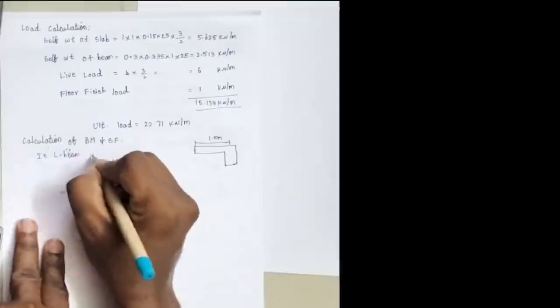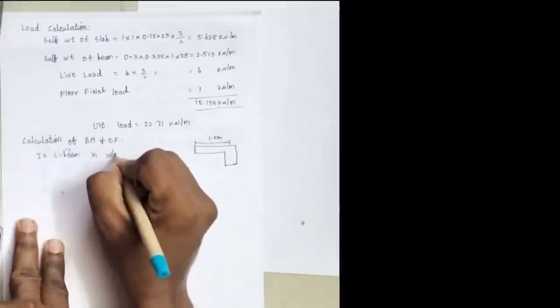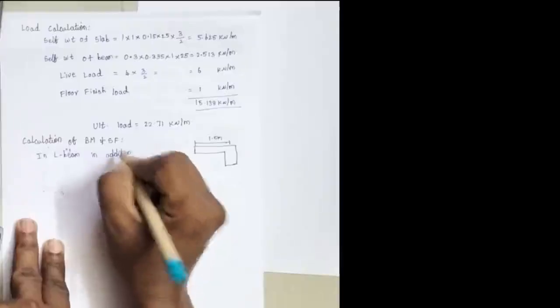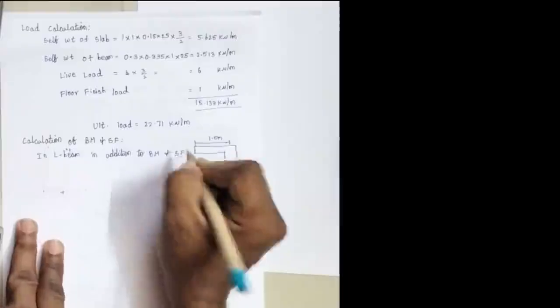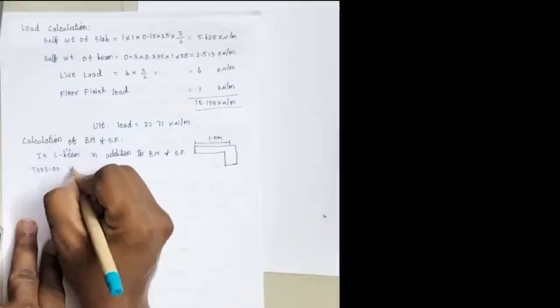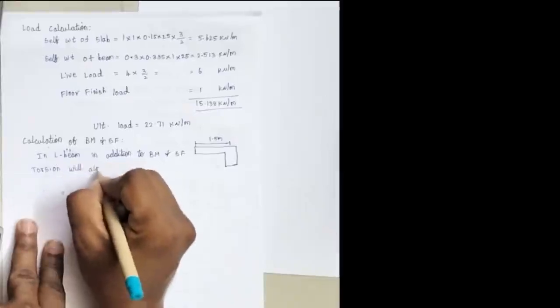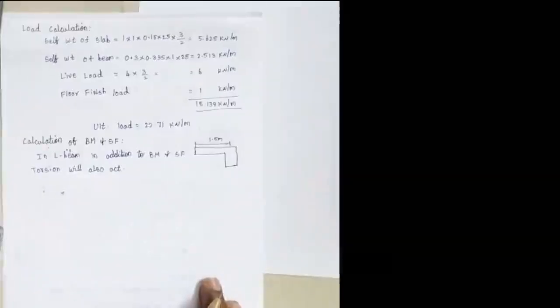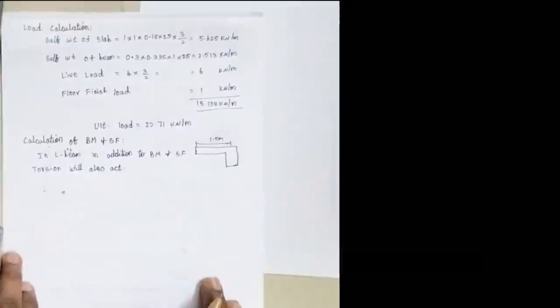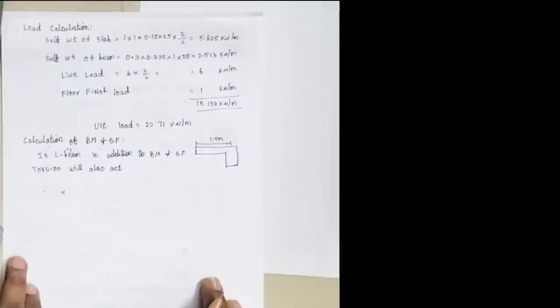So in L beam, in addition to bending moment and shear force, torsion will also act. So we need to design for torsion also. So first we need to calculate the bending moment due to the load acting on the structure.